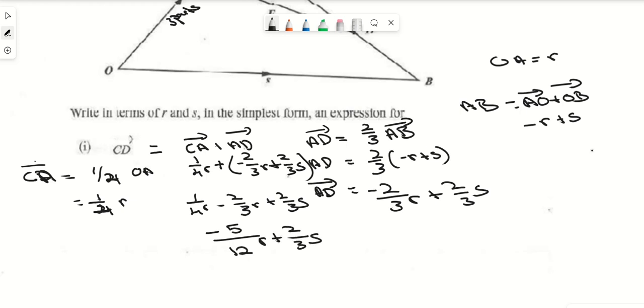So you could rearrange it saying 2/3S minus 5/12R. When they say simplest form, you could leave this as is. So this is the simplest form, 2/3S minus 5/12R, and that would be your answer.